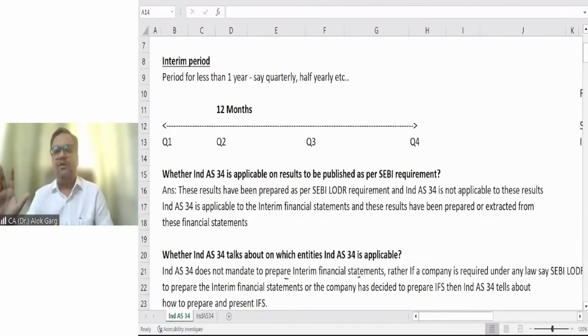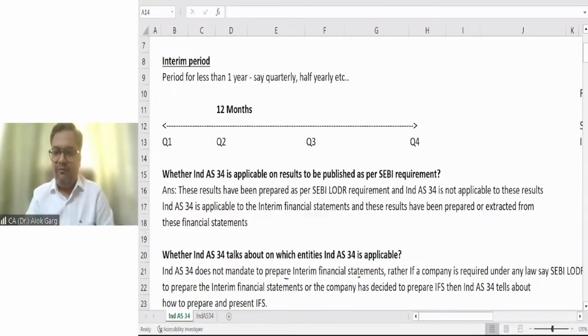But every company is not publishing, like Indostar Limited. I have shown you their results. They are publishing their results on the website. It is a mandatory requirement. But they are not publishing their quarterly financial statement on the website. But Infosys and TCS are publishing their interim financial statement on their website, right? So it depends on the company. If they want to publish, they can publish.